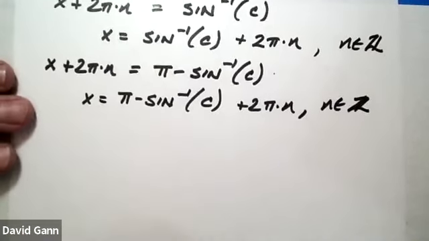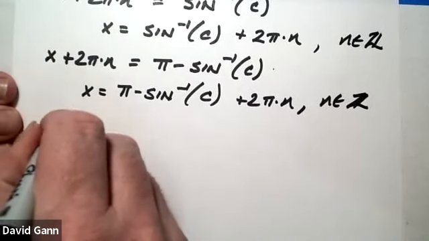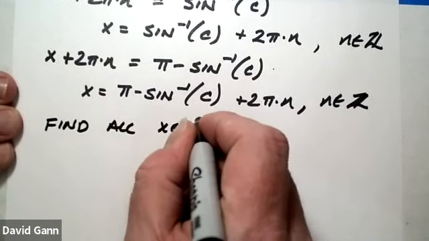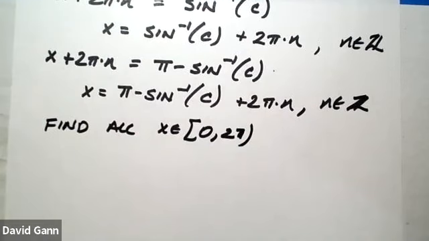And then some problems will say, find all x in some range, typically one lap around the circle. There is some creeping of degrees back in this section.